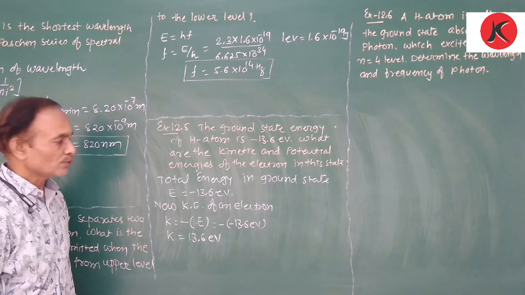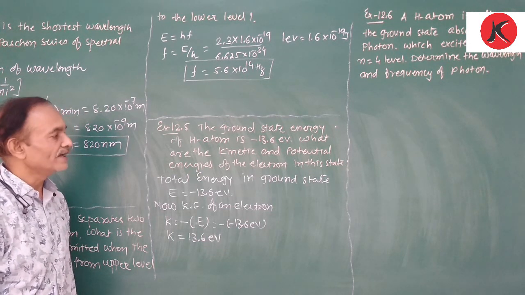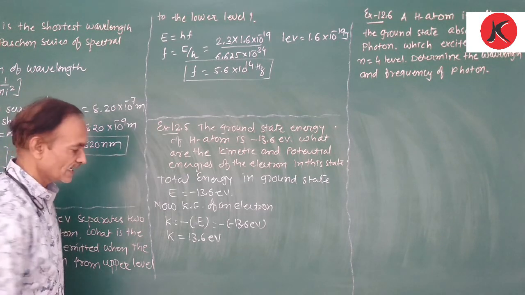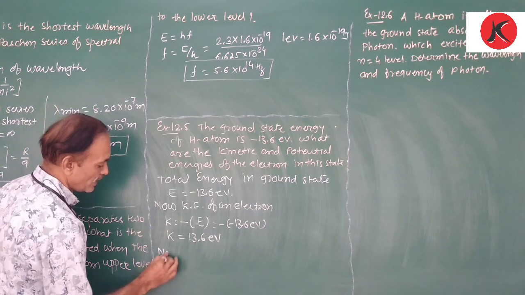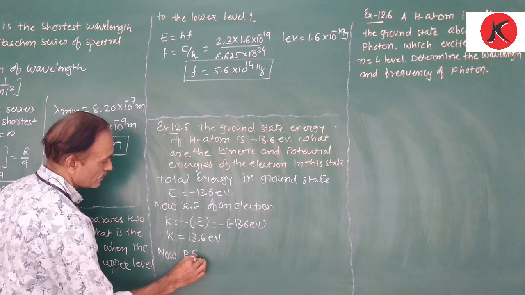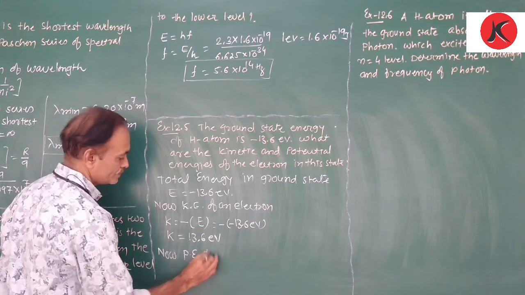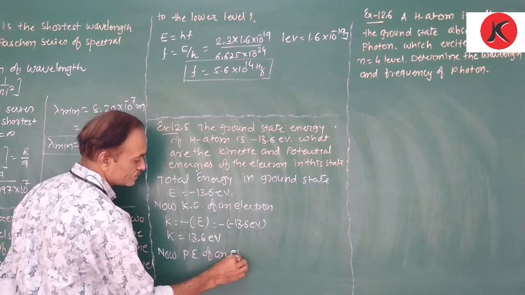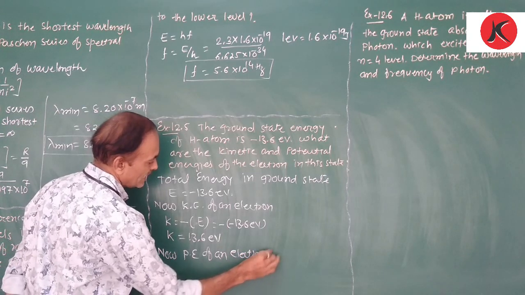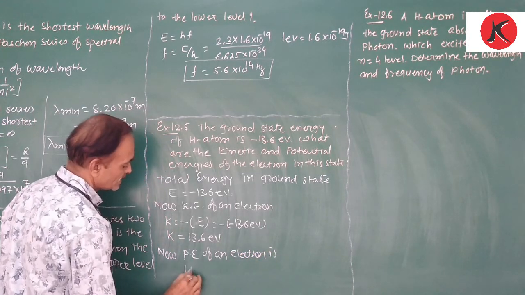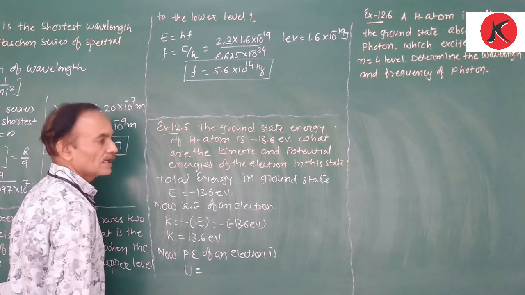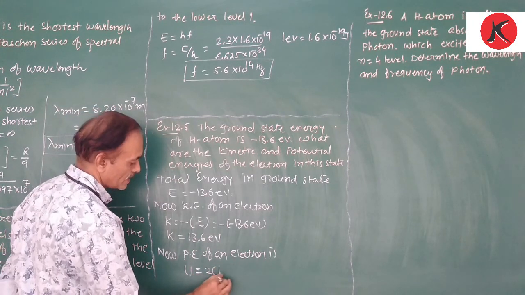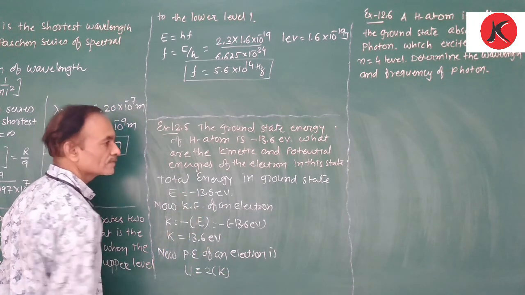Now we have to also calculate the potential energy of the electron in this state. Potential energy of the electron, U is equal to twice of K, twice of the kinetic energy.